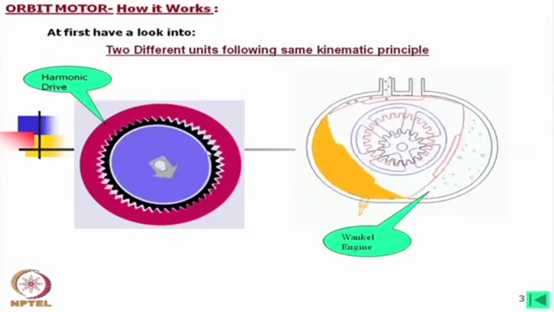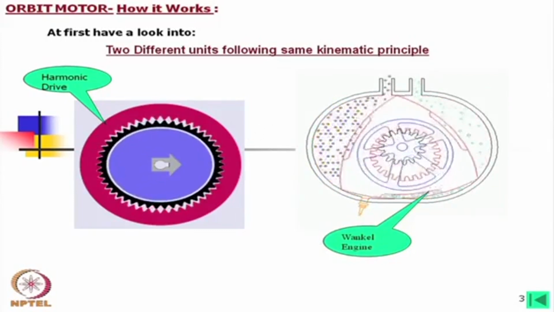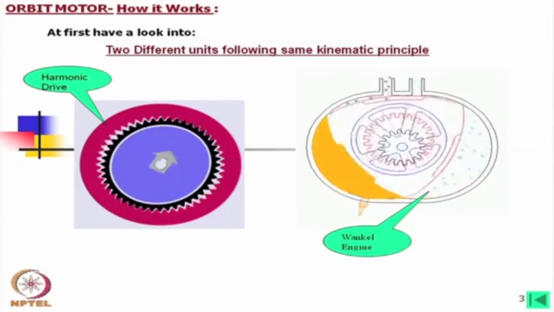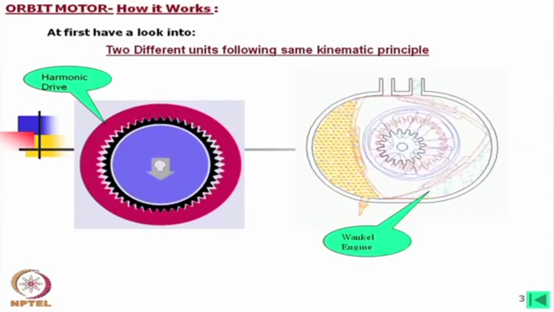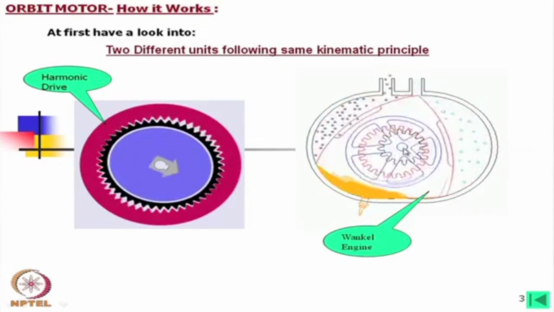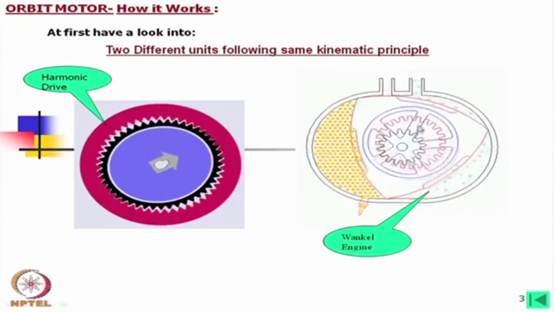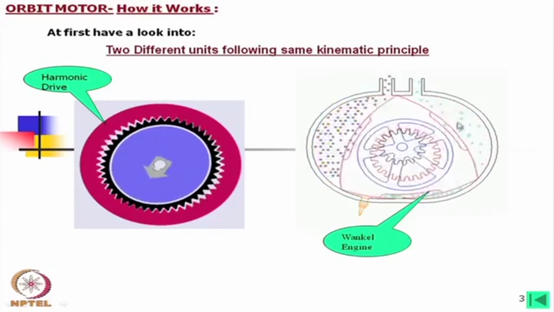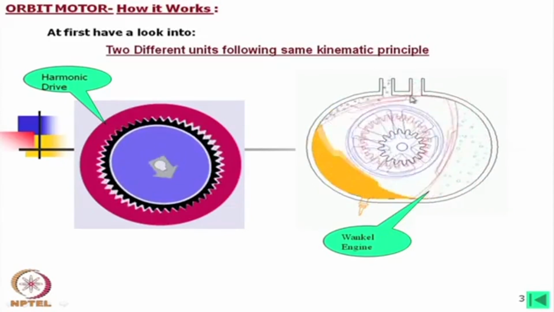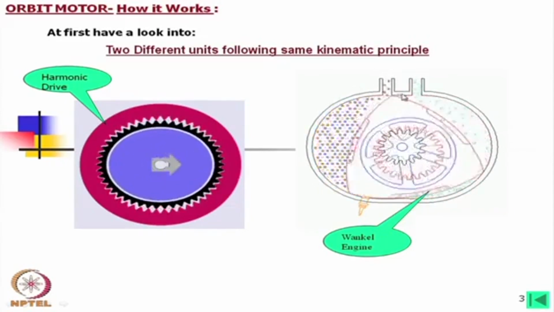Now, another machine is the Wankel engine. Here we observe a more or less similar pattern of motion. In this case, inside there is something like a triangle, which we can call 3 lobed or 3 teeth, rotating inside another somewhat oval member, which has 2 identical lobes.